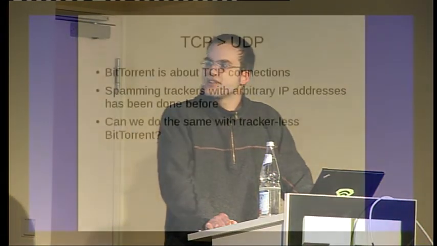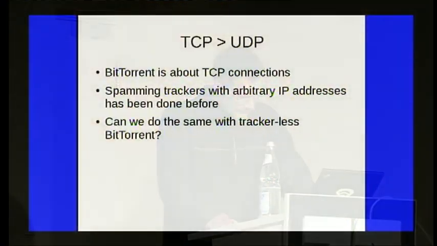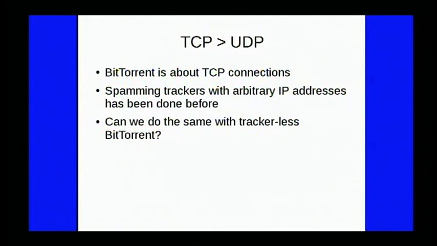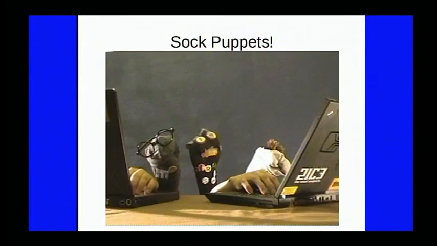So this one has been done before with trackers. Anyone who controls a popular tracker has incredible power to DDoS. Can we do the same here? So what we need is sock puppets.